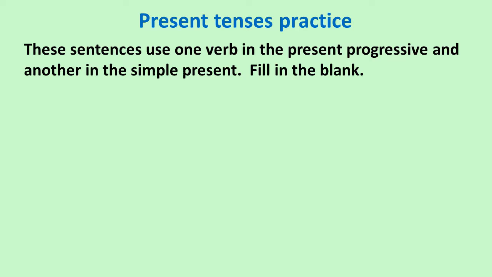For this practice, you're going to fill in the sentences using both a verb in the present progressive and another verb in the simple present. So each sentence will take a verb in the present progressive and a verb in the simple present.